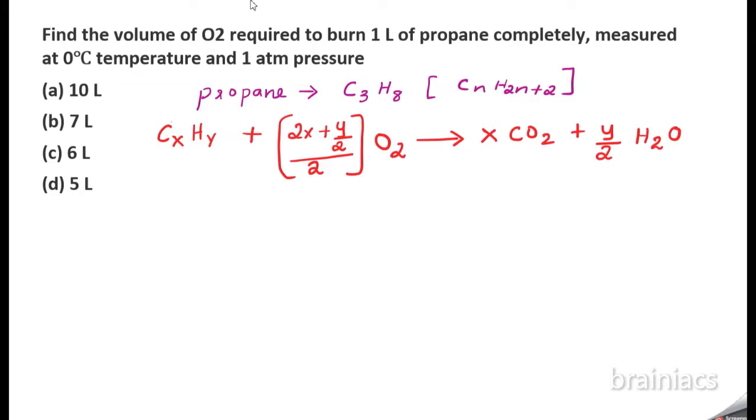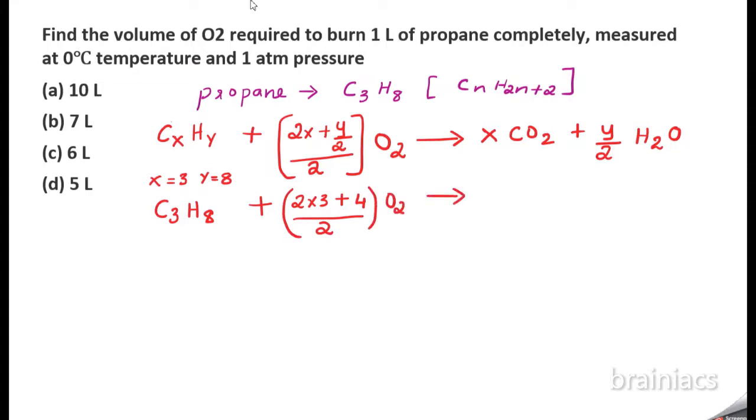So propane means here I can write C3H8, so x is equal to 3 and y is equal to 8. Applying here, C3H8 plus, 2 into x, that means 2 into 3, plus y by 2, that is 8 by 2, that is 4, divided by 2, in bracket, O2.